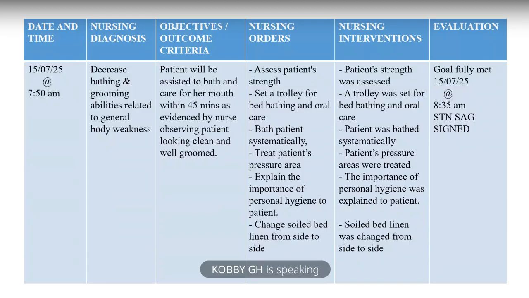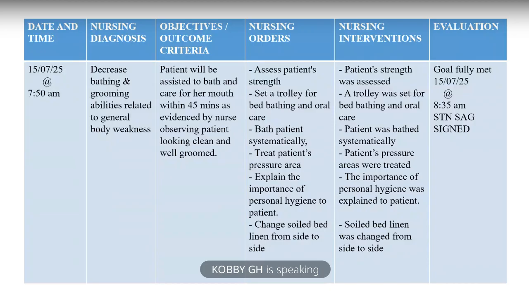Is that okay? Good. So nursing orders will be: assess patient strength. You see, assessment is coming first. Patient strength was assessed and she was partially active and she was passive. You get it? And remember, you've done the assessment of their strength already under the routine care, so you already have an idea.